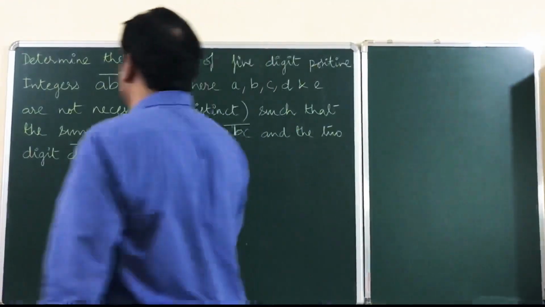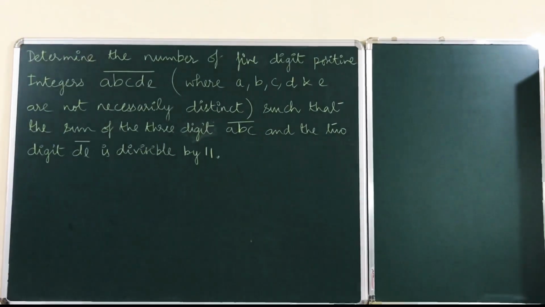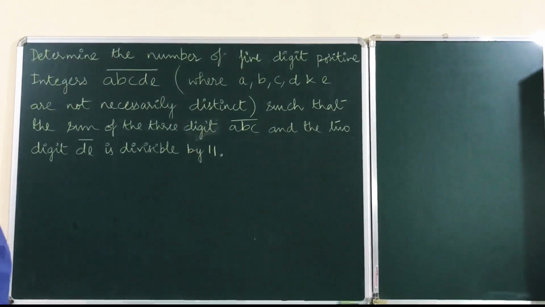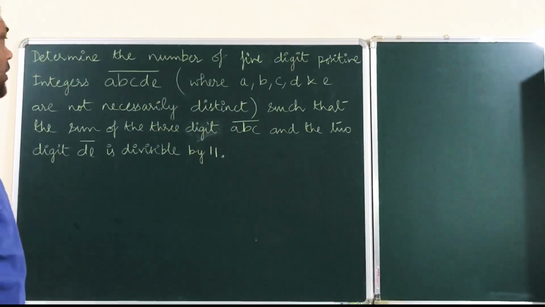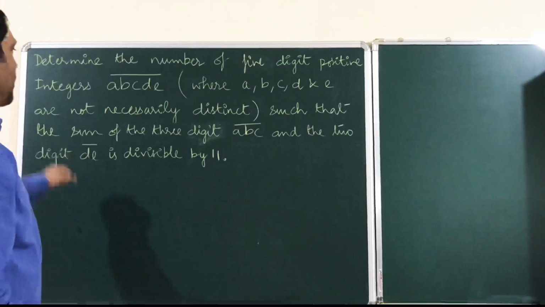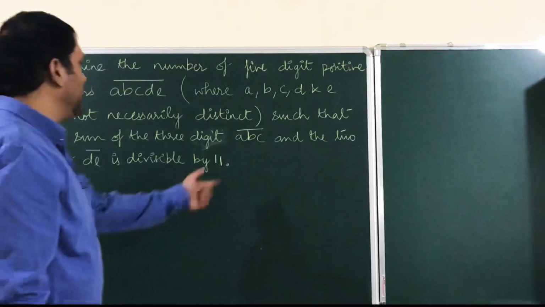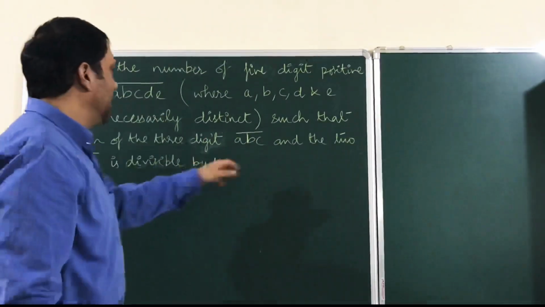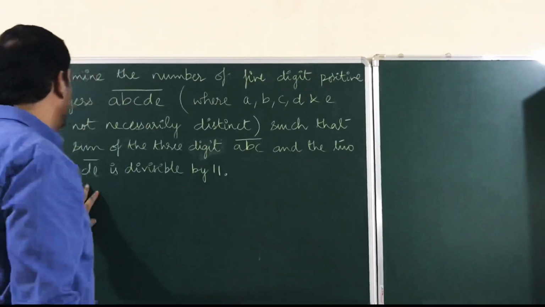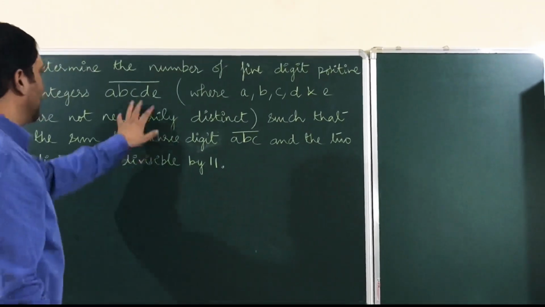Now the next problem is: determine the number of 5-digit positive integers ABCDE, where A, B, C, D and E are not necessarily distinct, such that the sum of the 3-digit number ABC, the first part, and the 2-digit number DE is divisible by 11.